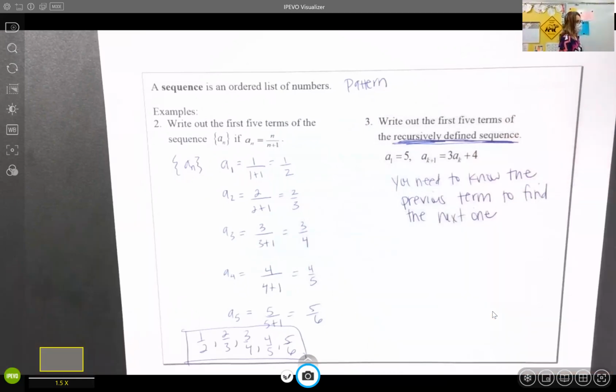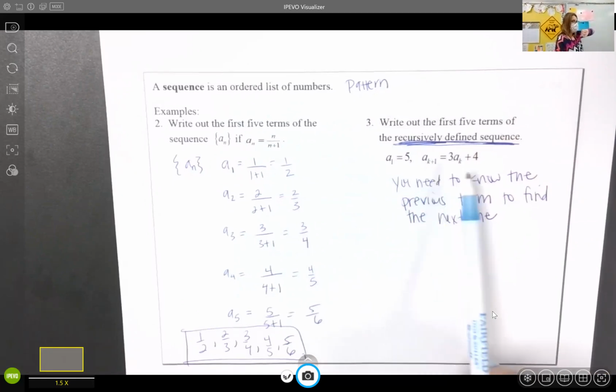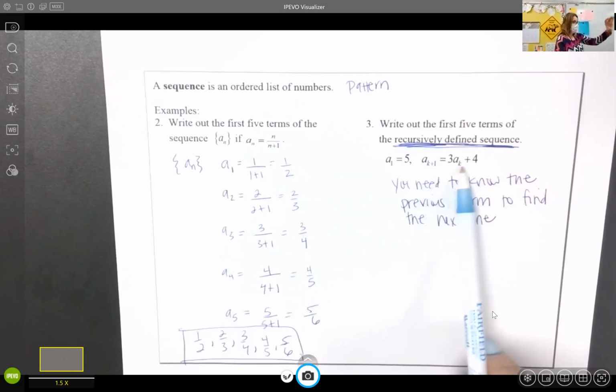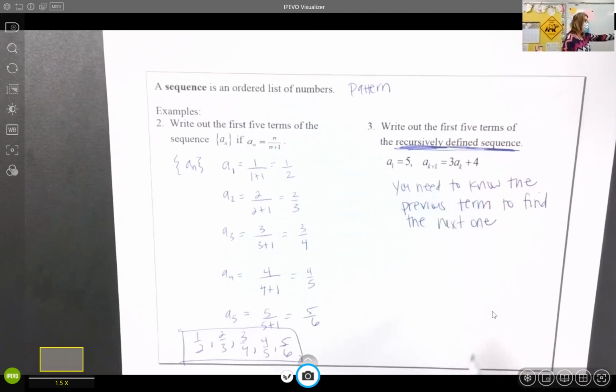Okay, so the k plus 1 right here, that means the next term, okay? And then where it's just k here, that means, so whatever number I had before, I'm going to multiply that number by 3, and then I'm going to add 4 to get the next number, okay? So recursive means I know the previous term.